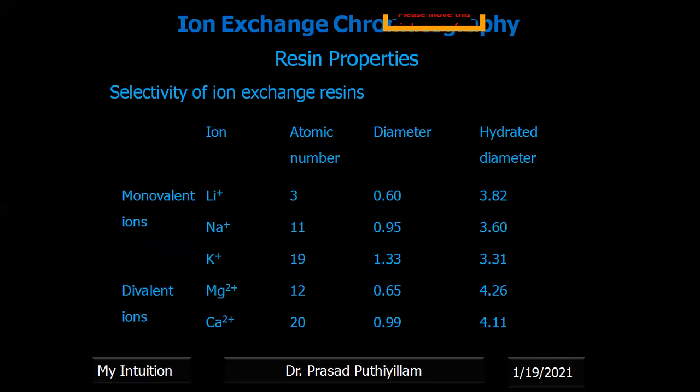When it becomes a hydrated ion, its diameter value is 3.82. Like that for sodium, K plus, and divalent ions like magnesium and calcium, these values are also given. So we can say as the atomic number increases, the diameter is varying, as well as the hydrated diameter is also increasing.